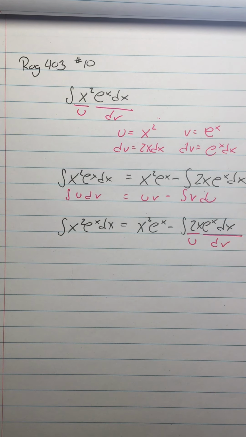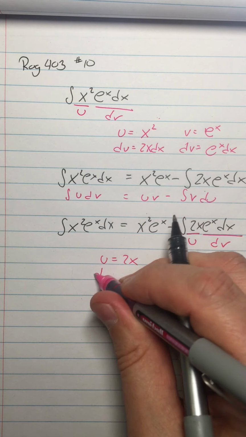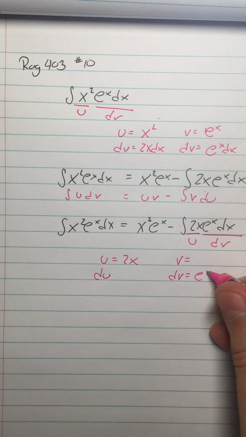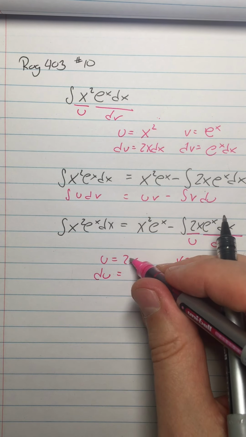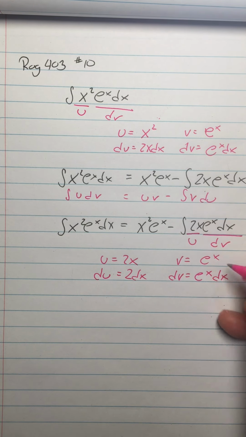So in this second application, I'm going to use u equals 2x and my du, and v we'll figure out, and my dv is again going to be e to the x dx. All right, so my du is going to be 2 dx, and my v is going to be e to the x.